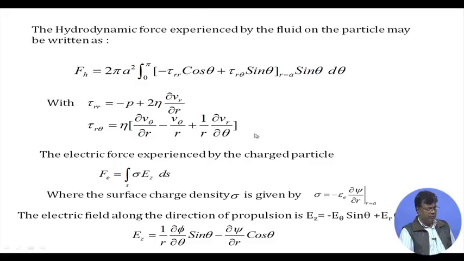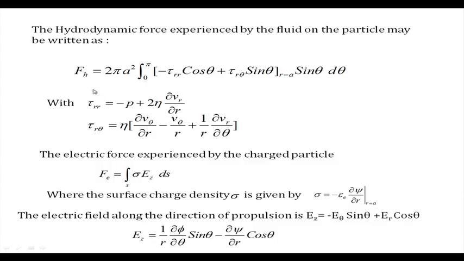So, now if you do some careful manipulations, one can obtain the force components Fh, the hydrodynamic force, and Fe, the electrostatic body force, which involves the surface charge density, which can be obtained from the psi, and the electric field Ez, basically along the direction of the particle motion, which is the same as the electric field direction.